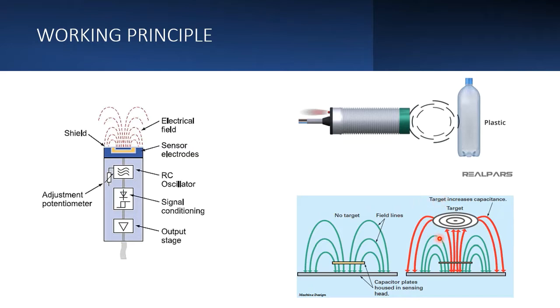Here we see that as the target approaches, it changes the capacitance, right? You can read more about what is capacitance, what is dielectric constant of the materials, so you can get more idea about it. But this is the basic principle, that the capacitance of the circuit changes, and that's how the sensor gives the output, right?